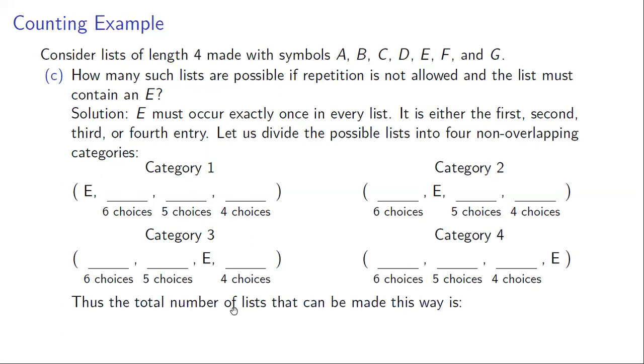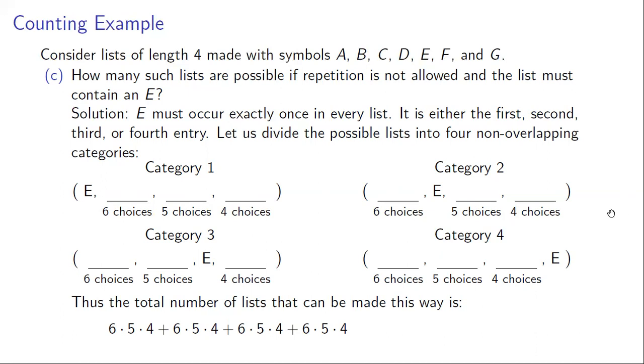So the total number of lists that can be made this way is, for the first category, 6 times 5 times 4 lists. Category 2, also 6 times 5 times 4. Category 3 also, category 4 also. And now we add them up because these 4 categories encompass all possible lists that we're looking for.